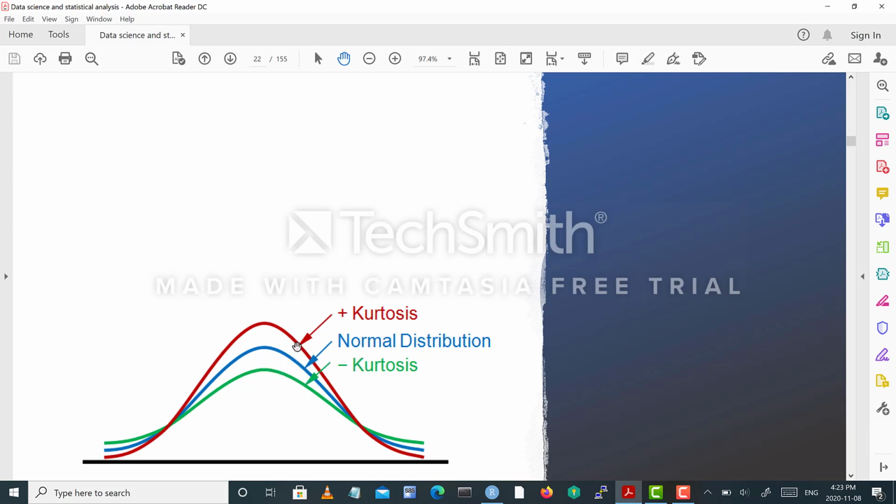The normal distribution is the curve in blue color, and the curve in green color has minus kurtosis, with a small maximum point but a very fat tail.